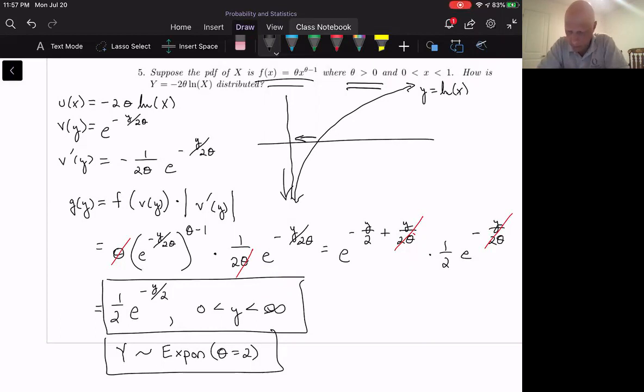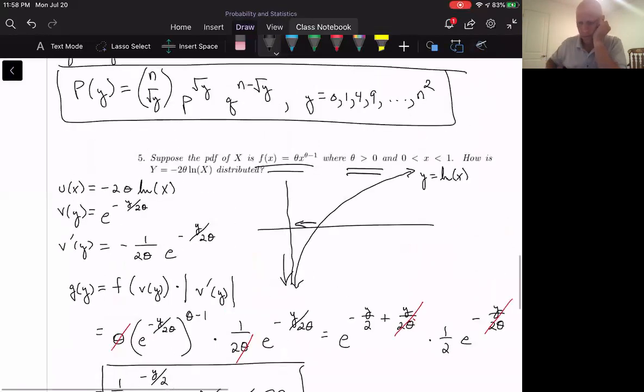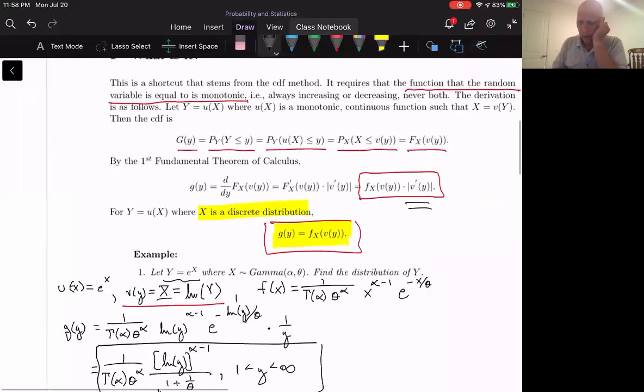Why didn't you do that for the previous problems? Because there's a separation on what to do depending on whether it is continuous or discrete. And so discrete actually doesn't use the v prime part, whereas continuous does. So this is continuous. Oh yeah.